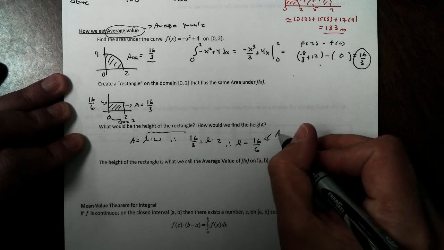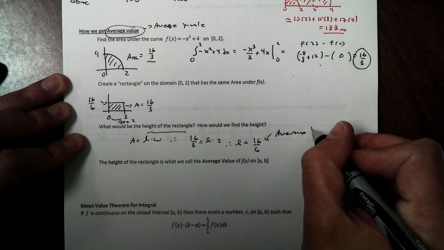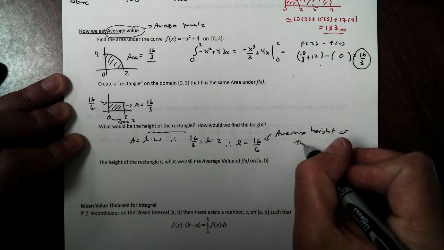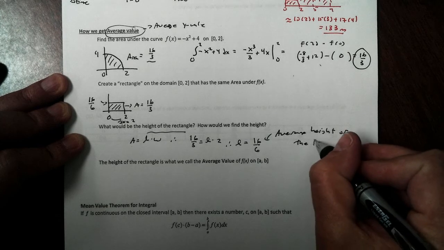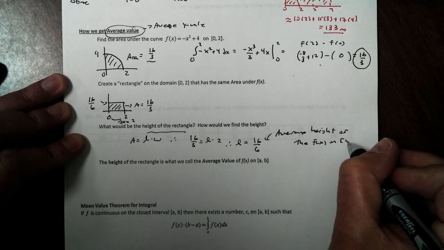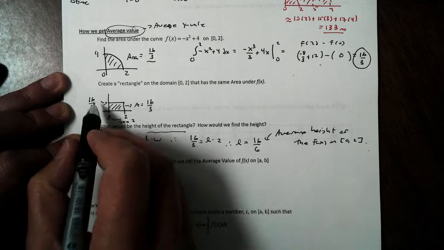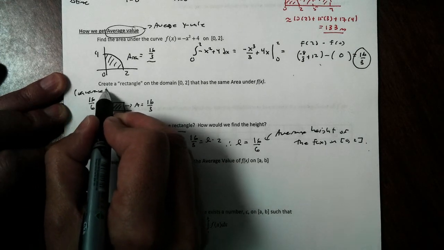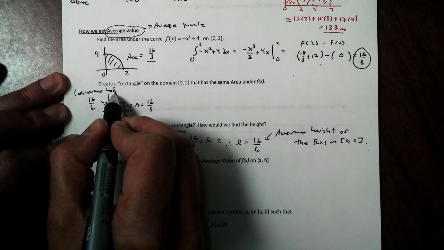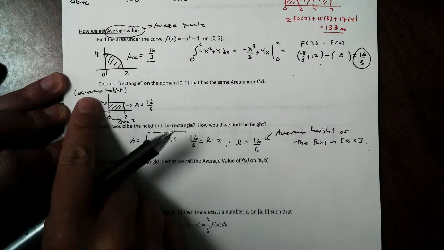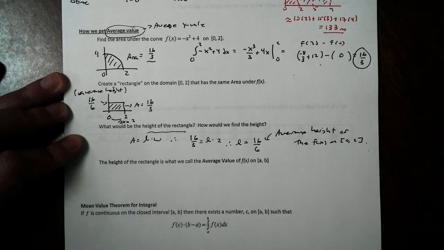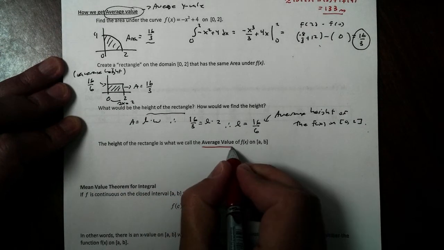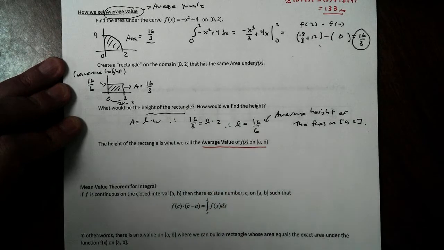This is the average height of the function on the domain 0 to 2. So this is my average height, or y value. The height of the rectangle is what we call the average value of the function.